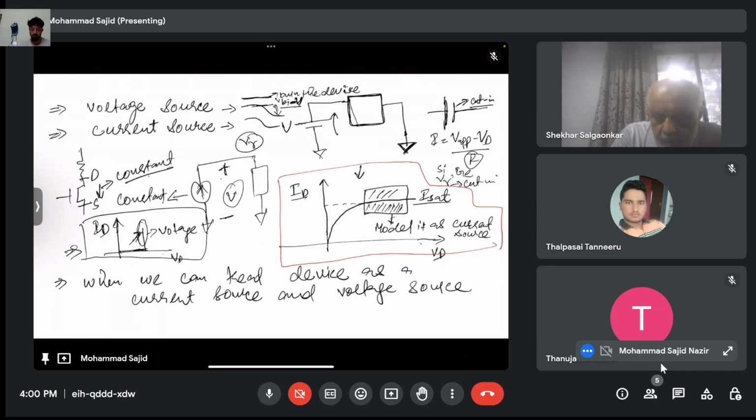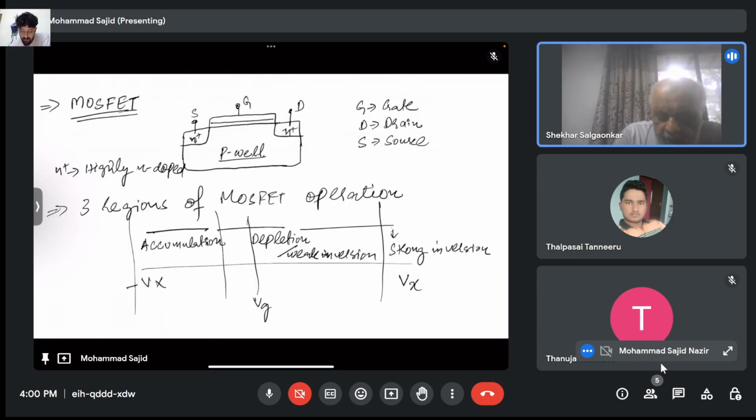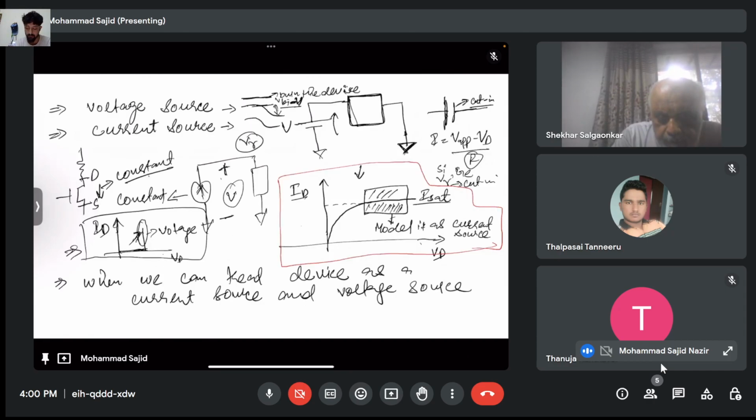Okay. So now, can I ask you something, sir? Yeah, please. Now, this curve that we are drawing, the saturation part of it, is it going to remain parallel to the x-axis continuously, or is it going to have some inclination? That depends on the type of device you are using. If you use a long channel device, usually this behavior is a MOSFET behavior.